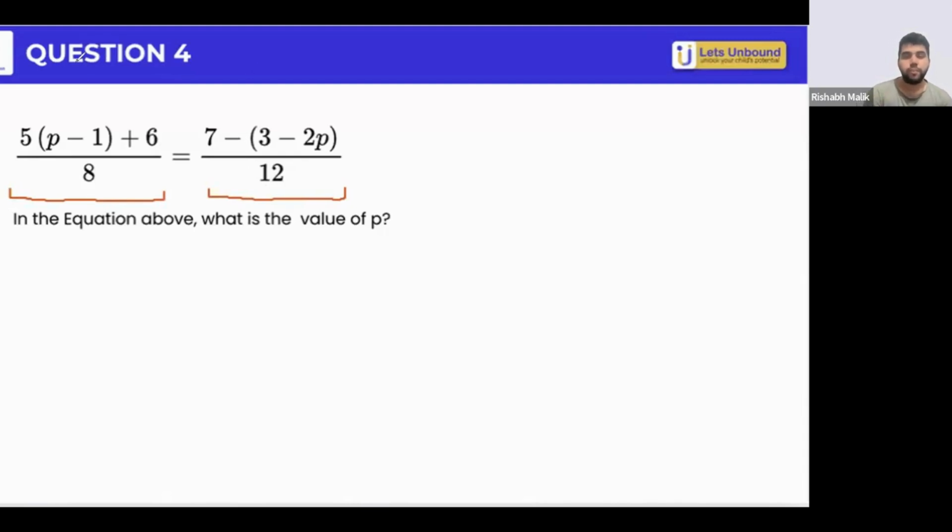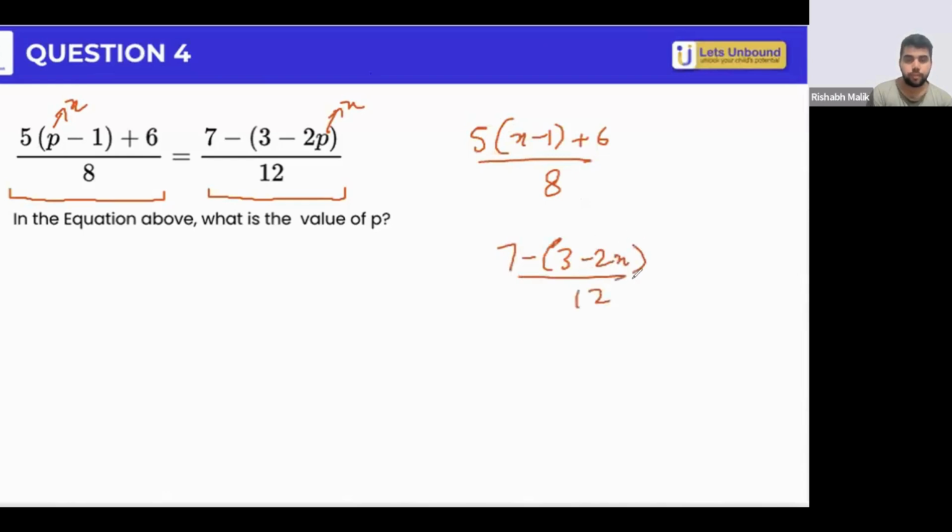So what we do is we flip these values and say this is my x. So my equation would now become 5 times (x minus 1) plus 6, over 8. And the second part is 7 minus (3 minus 2x) over 12. So let's see how we can solve this on Desmos.